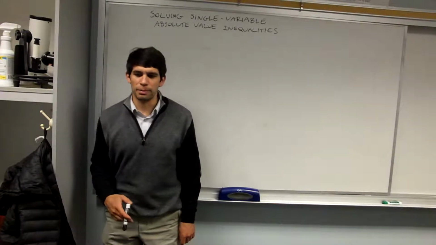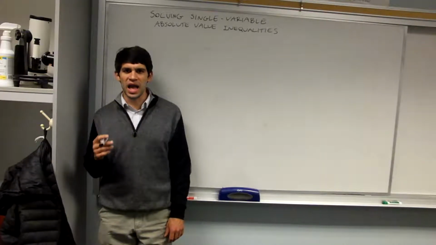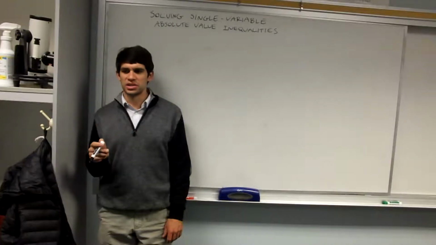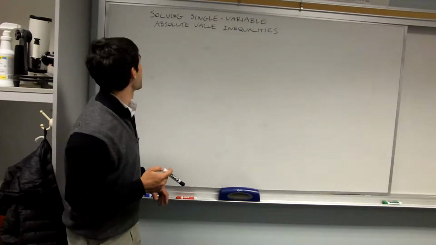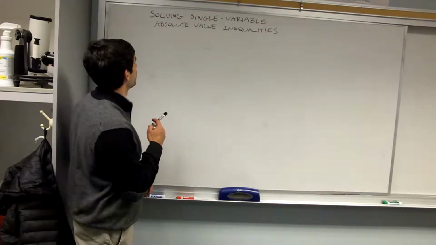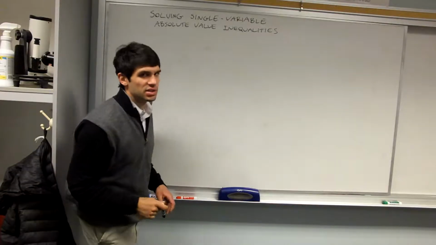Hello. In our last lesson, we went over how to solve single variable absolute value equations. So in this lesson, we want to move on and learn how to solve single variable absolute value inequalities.